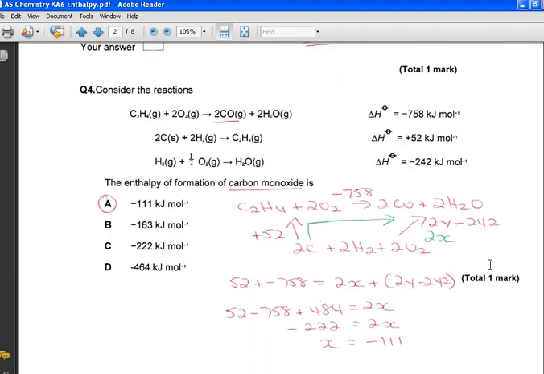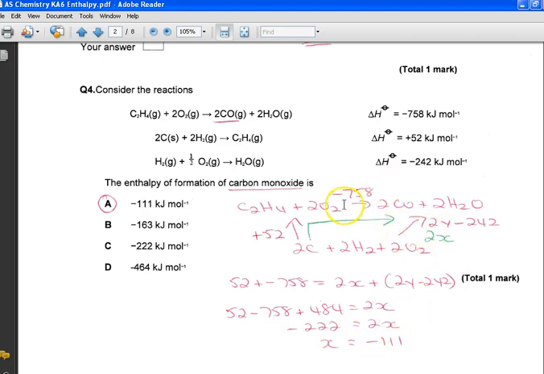And then the final multiple choice question. Again, you're being asked for the enthalpy change of formation of carbon monoxide. You're given an equation up here, but it's got 2 moles of carbon monoxide. So the value that you find from the data you're given here will be for 2 moles of carbon monoxide, so you're going to have to divide your answer by 2.